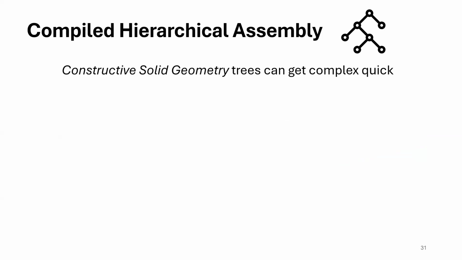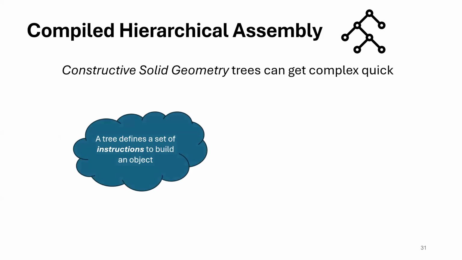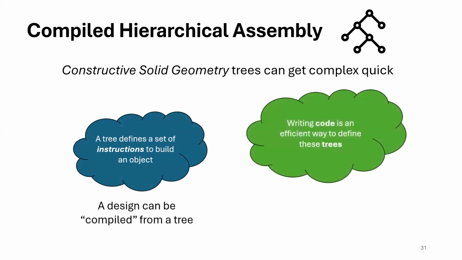The motivation is that constructive solid geometry trees can get complex pretty quickly. If I keep branching off and having different leaves with different pieces, how do we have designers specify that in a compact way? We can say that a tree defines some set of instructions to build an object to our computer, and that a tree is really compiled, where the design can compile from a tree.